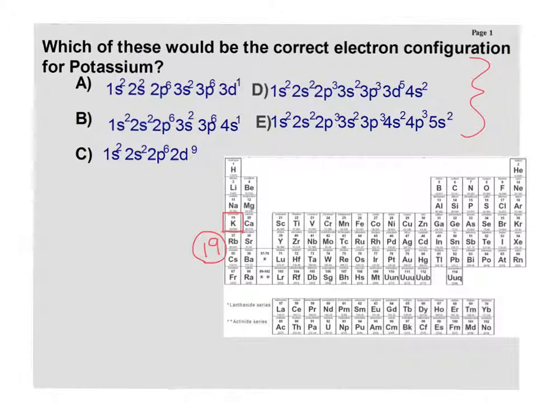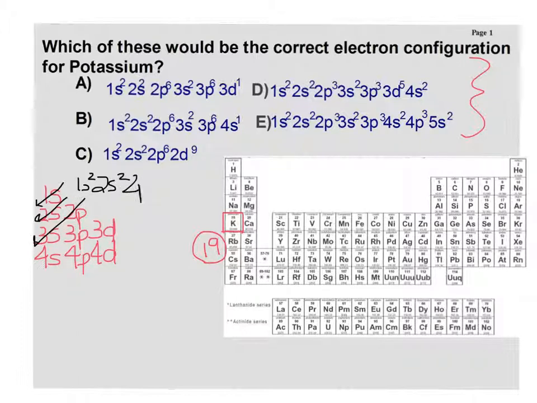Now, the long way of doing this is we can say, okay, 1s, 2s, 2p, 3s, 3p, 3d, 4s, 4p, etc. And we can literally write out the electron configuration: 1s2, then 2s2, then 2p6, and 3s2, and 3p6, and then we get to 4s1, and that adds up to 19, which tells us that our answer is B.